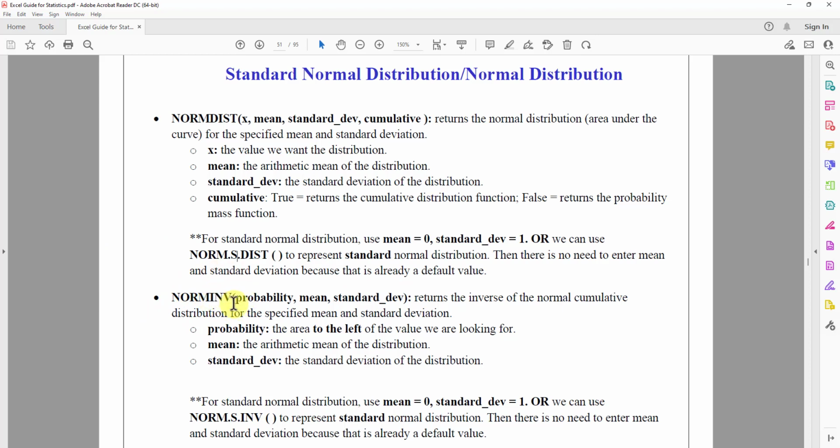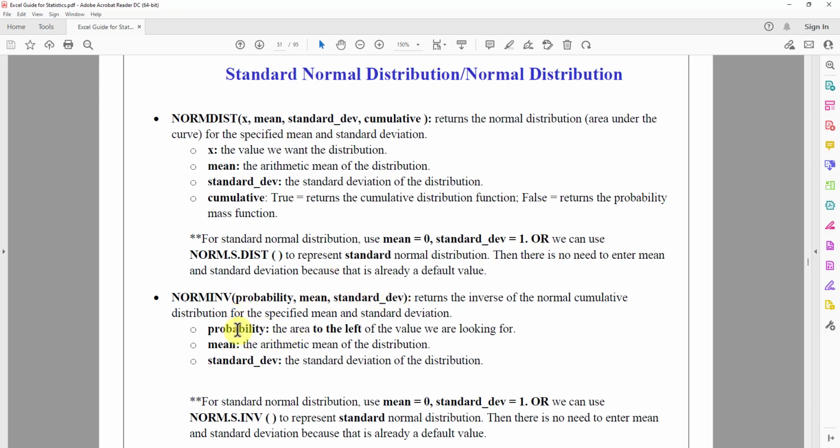Inv stands for the inverse, right? So NORM.INV. This one will return the inverse of the normal cumulative distribution for the specified mean and the standard deviation. This function has three inputs. The first input is the probability, the second input is the mean, and the last one is the standard deviation.